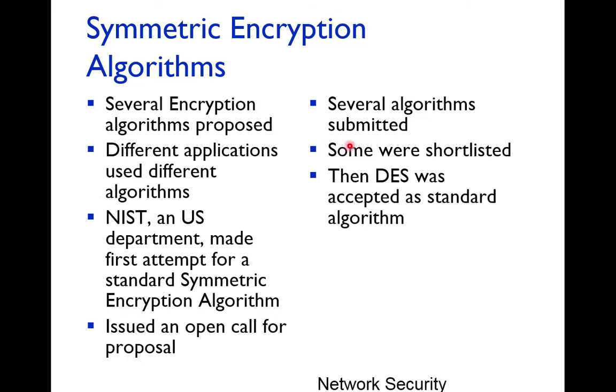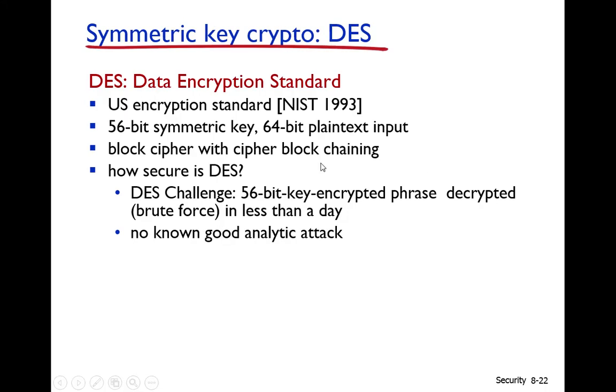Among those, a single one was accepted as a standard, DES, so it was used by each and every application. DES is a US encryption standard algorithm, and it was standardized in 1993.